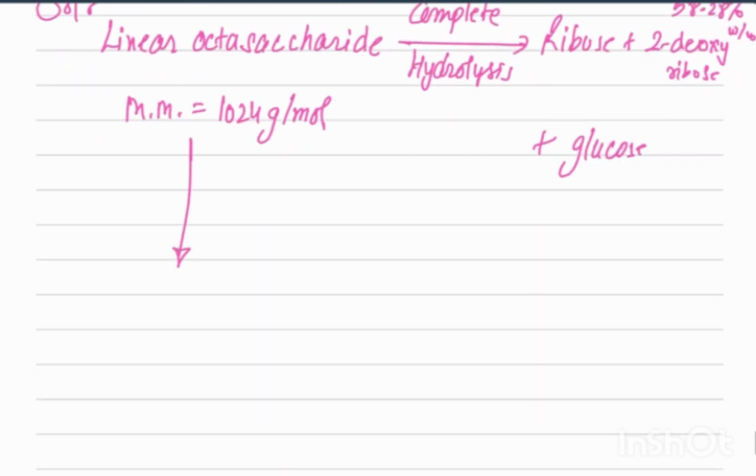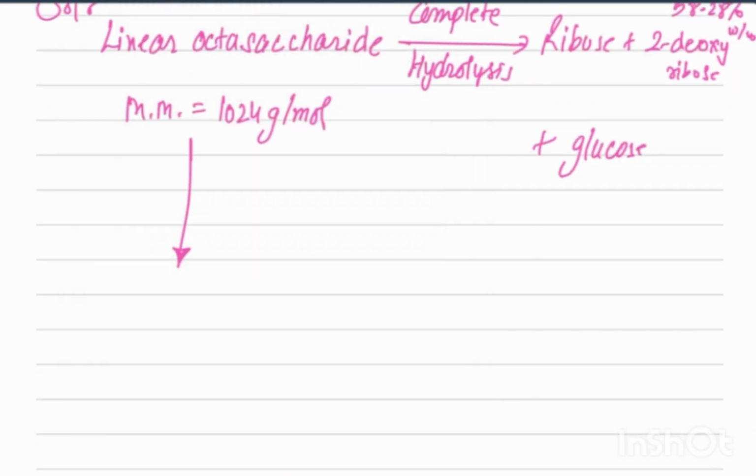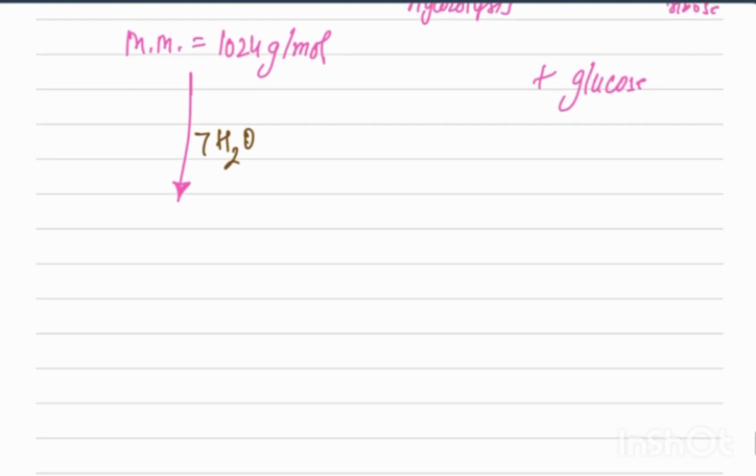Now what will happen is, for hydrolysis of this octasaccharide, for 1 mole of the octasaccharide we need 7 molecules of water, as there will be 7 glycosidic linkages present.